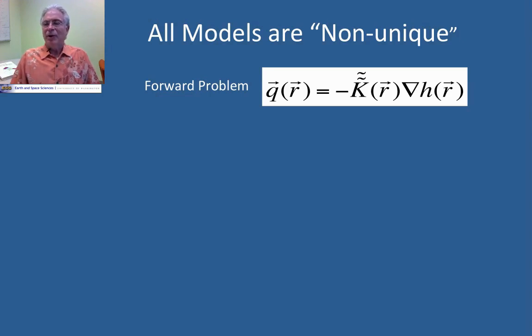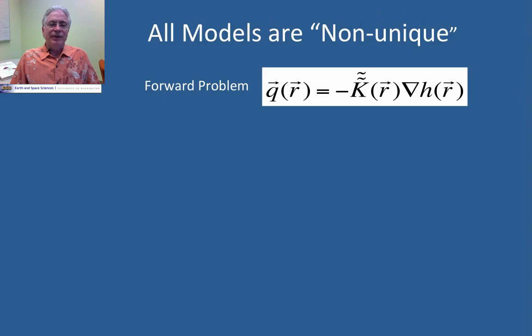So a known hydraulic head gradient at location R, and a known hydraulic conductivity at that same location, allows you to exactly calculate what the flow of water is at the point R.